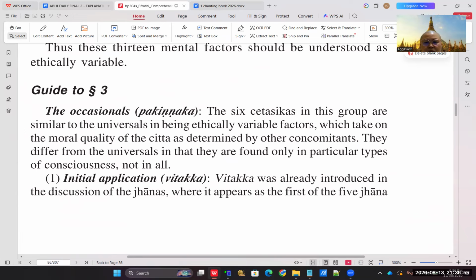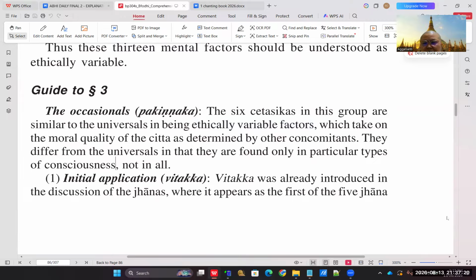It is similar to the universals in being ethically variable factors. This means that it can associate with good chitta or bad chitta, taking on the moral quality of the chitta. They are different from the universals because they only happen with certain chitta, not all.